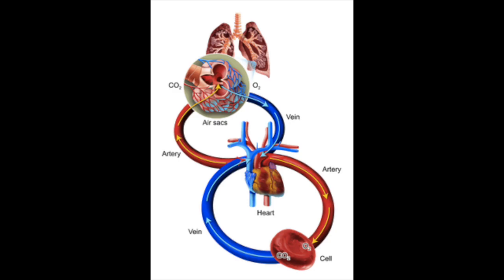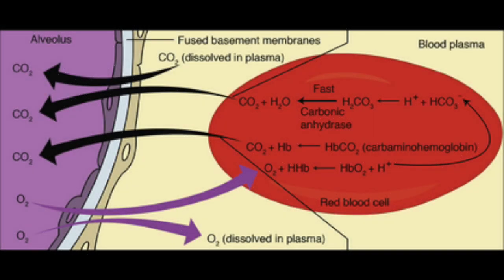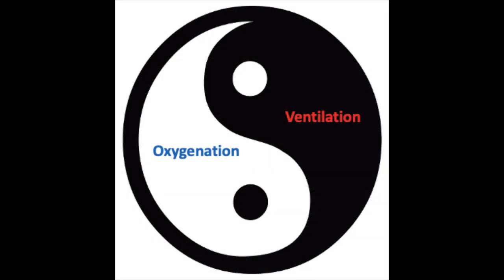Those metabolic processes have byproducts. One of them is an acid called CO2. The process of moving that CO2 from the cellular level back to the lungs to be exhaled is called ventilation. So oxygenation and ventilation are the yin and the yang of the respiratory system.